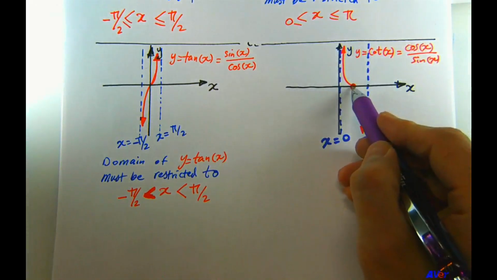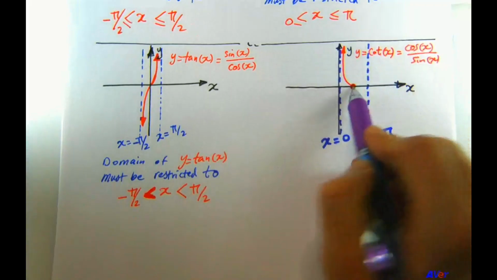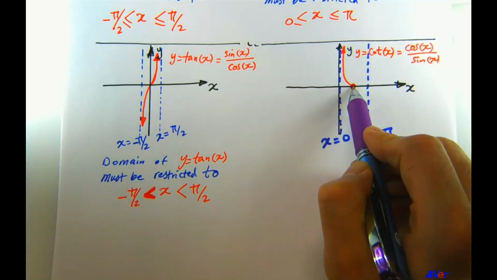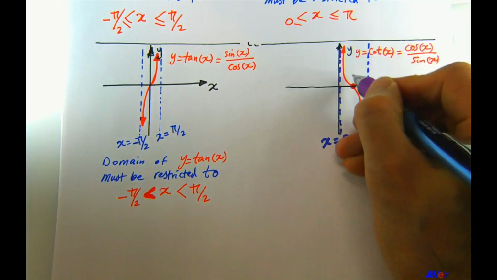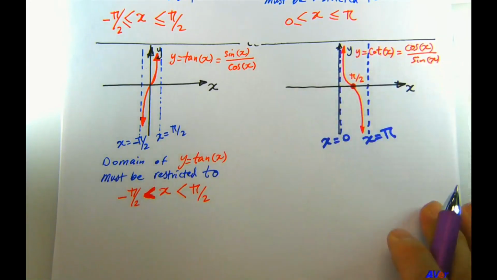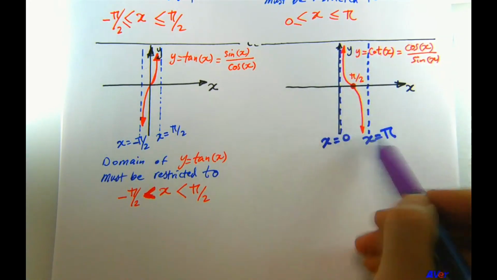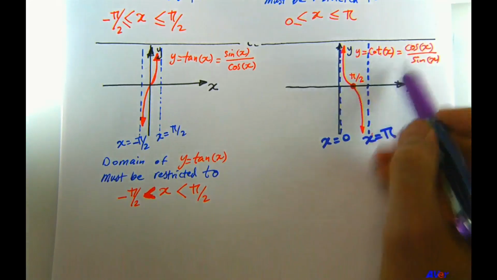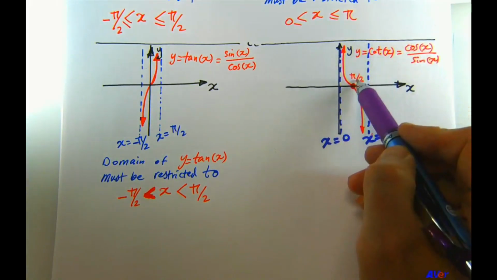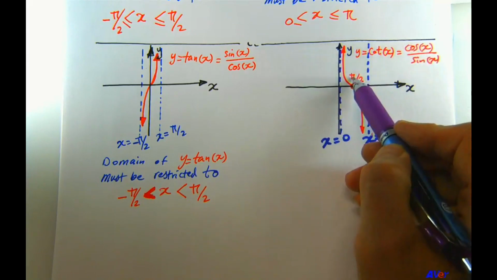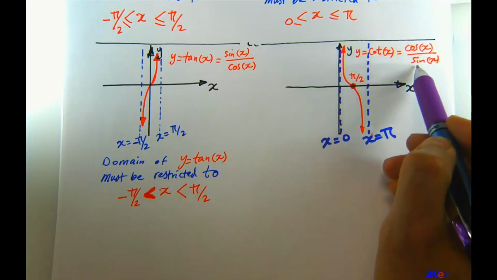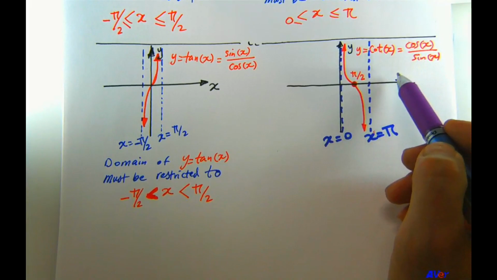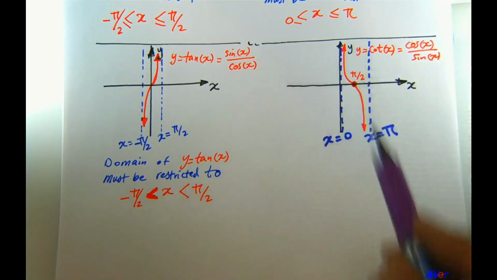That point at which the cotangent function is equal to 0, it's going to have to be pi over 2. Not only is it halfway between 0 and pi, but when x is equal to pi over 2, cosine of pi over 2 is equal to 0, and 0 divided by anything is 0. So we know that's pi over 2.